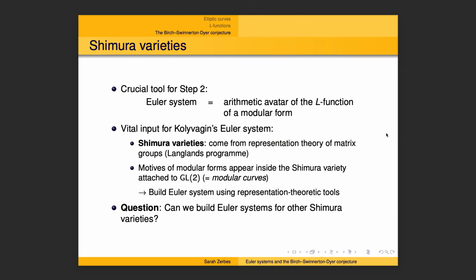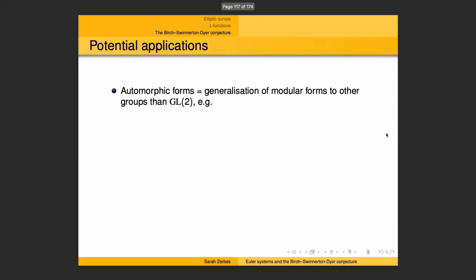And before I say what we have been able to do, let me just explain what such an Euler system would be good for. So, there is a generalization of modular forms, which are called automorphic forms. So they are in some sense the analog of modular forms for groups other than GL2. So, you may already have seen such an example.